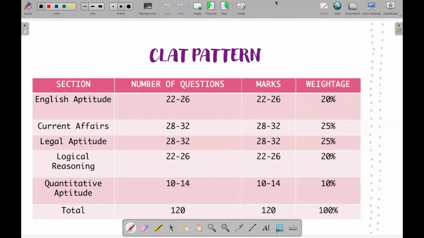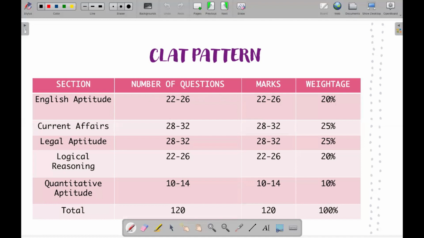And recently, this number has been reduced further to 120. So what you see in front of you is the current pattern that they have been adhering to. This pattern was used just this year, and these students will go to college after their boards this year. So this was conducted in December 2023 for the CLAT for the batch of 2024.